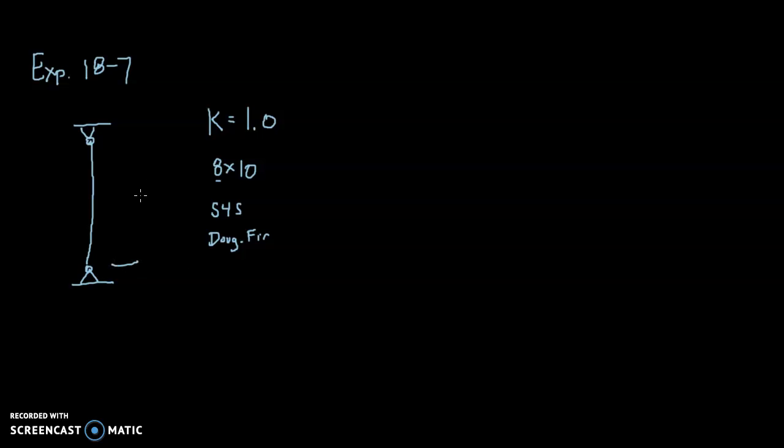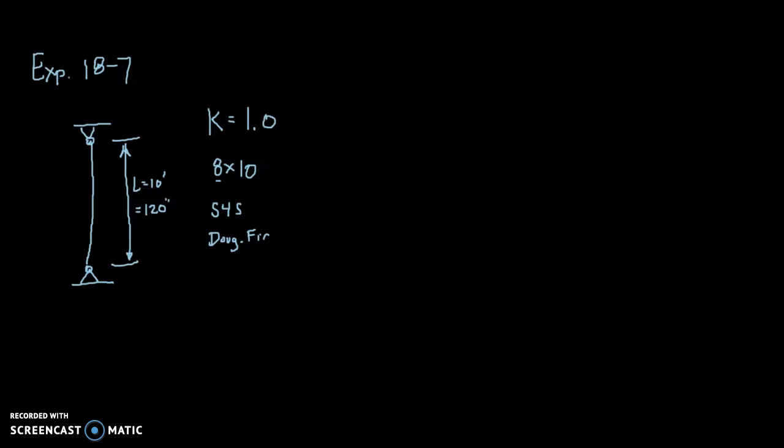The unbraced length of it is 10 feet, except it's generally preferable when doing column design to use inches. So 10 times 12 is 120 inches is our unbraced length.